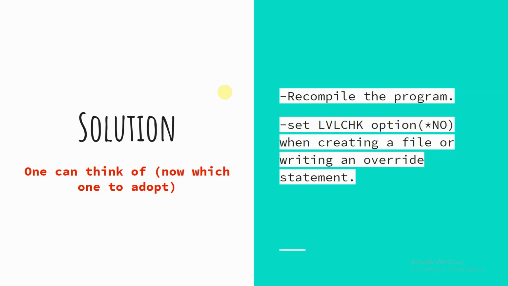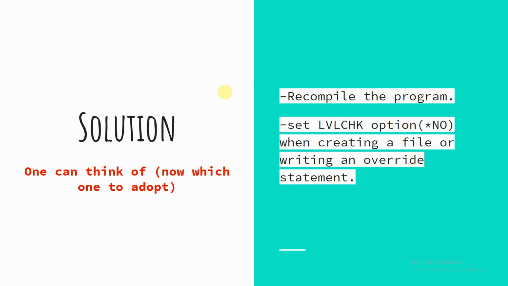This is another solution where you can set the level check option to no. But think of one thing: whenever you set the level check option to no, in future you might get a decimal data error or some other error which can be fatal or cause issues to your system. So you cannot go for this option right now.